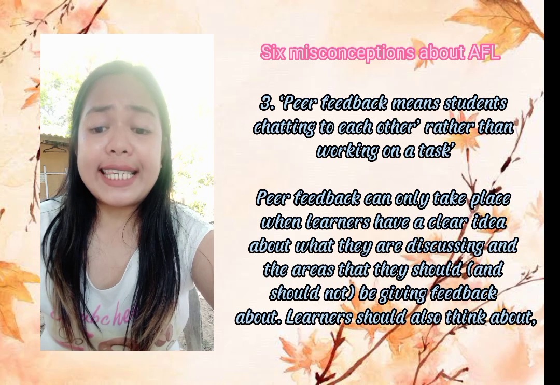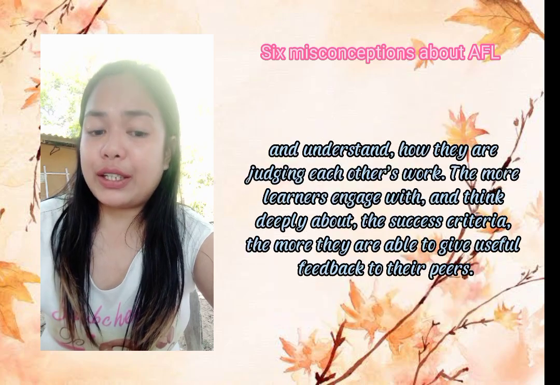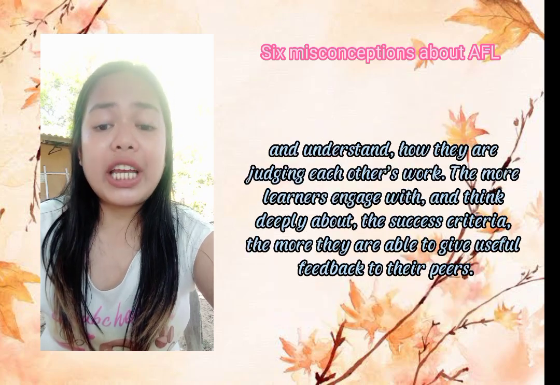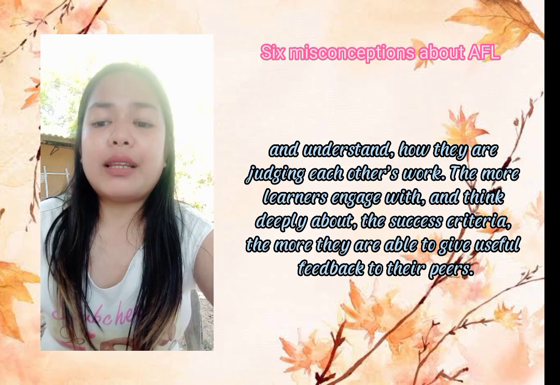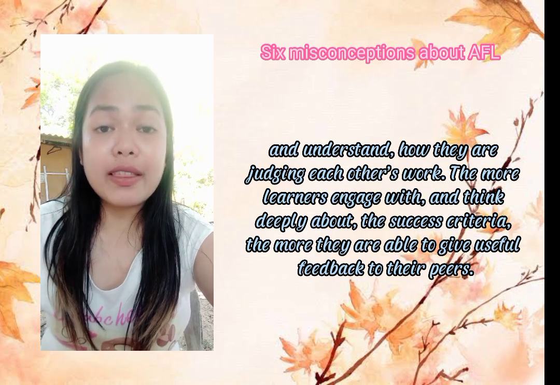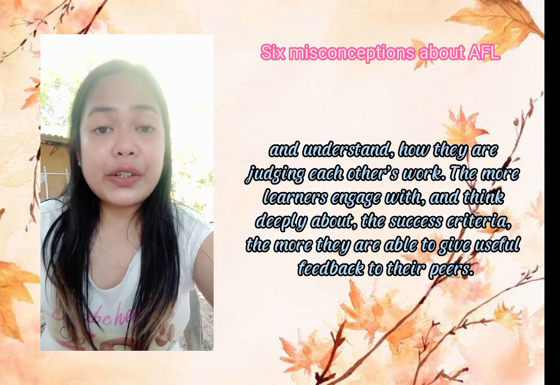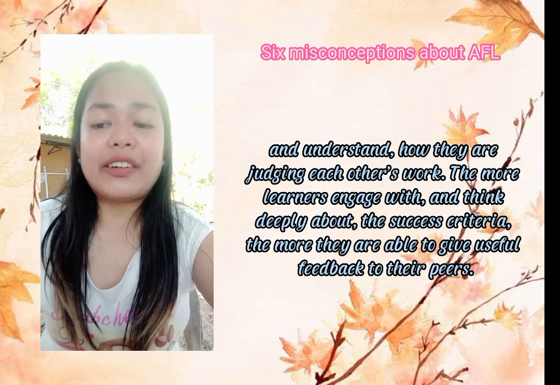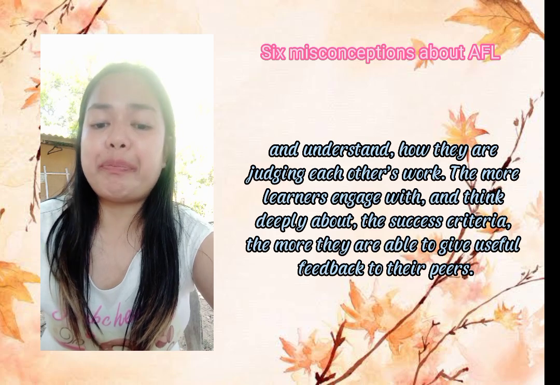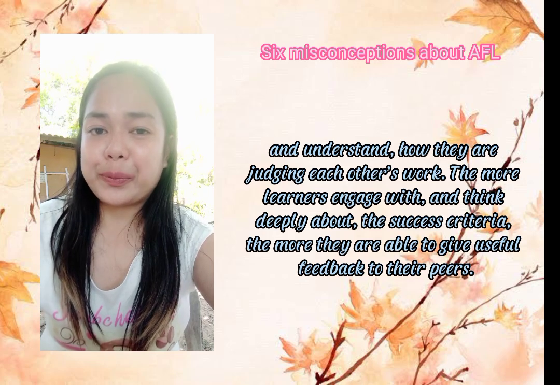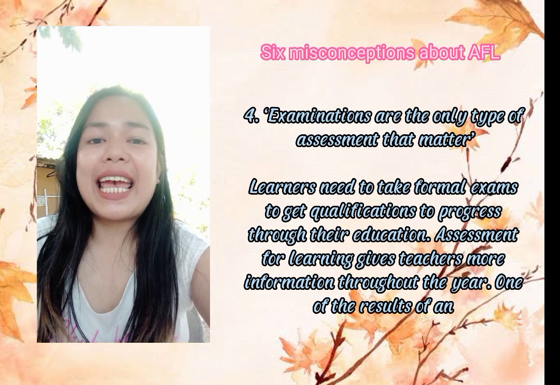Learners should always think about and understand how they are judging each other's work. The more learners engage with and think deeply about the success criteria, the more they are able to give useful feedback to their peers.